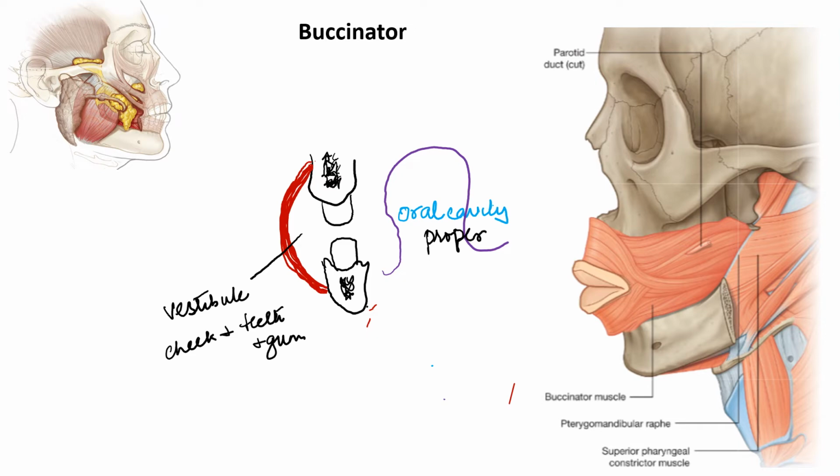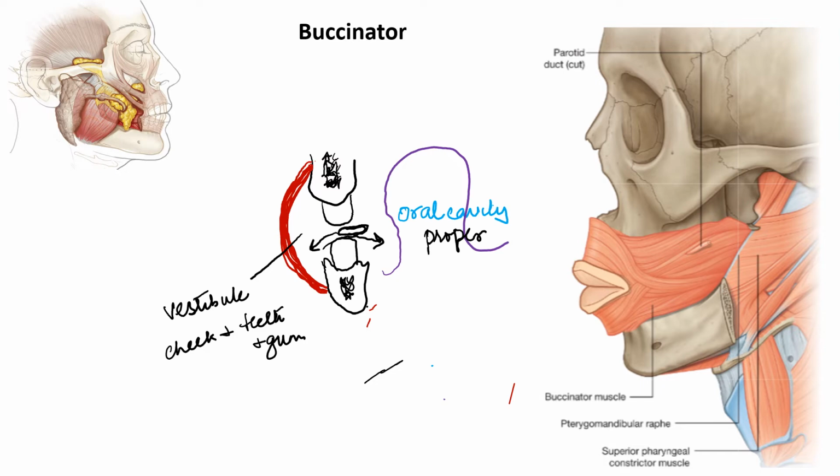Now, when you chew food, you're chewing with the help of your molars. This food tends to go into this area, which is the vestibule. The action of the buccinator is such that it compresses this bolus, it contracts and it moves this bolus from the vestibule back into the oral cavity proper.